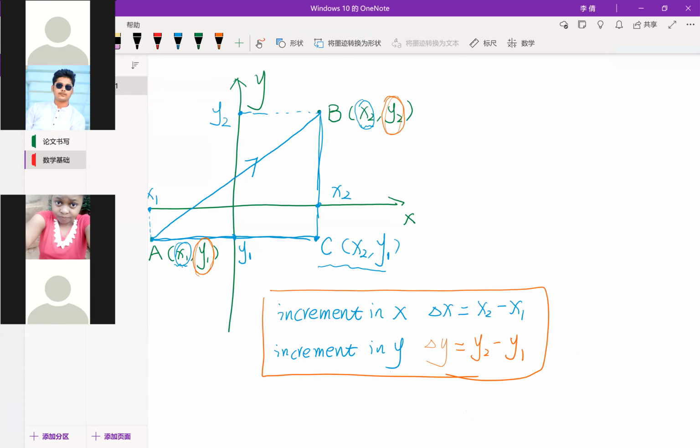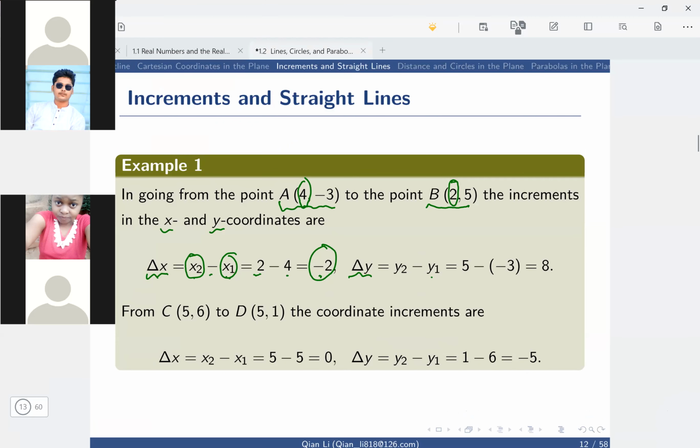Okay, let's start. Let's see this example.